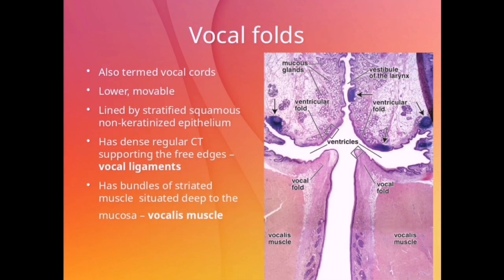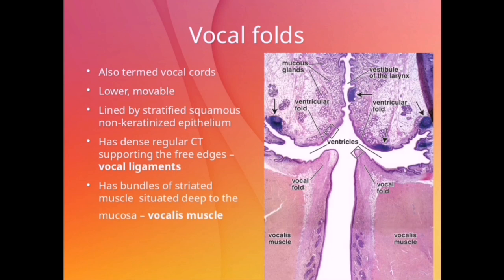Now let us look at the vocal folds. So remember we said the ventricular folds are immovable, so they are sometimes called fake vocal cords. Then these vocal folds, they are movable. So they are the ones which are responsible for phonation and the production of sound.